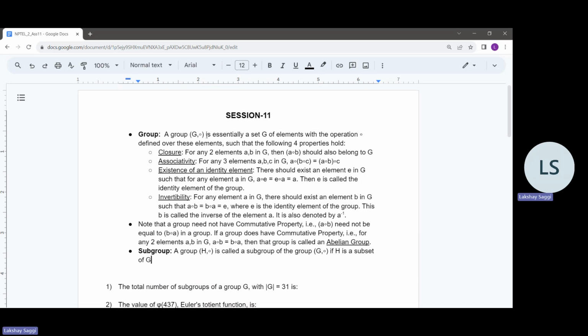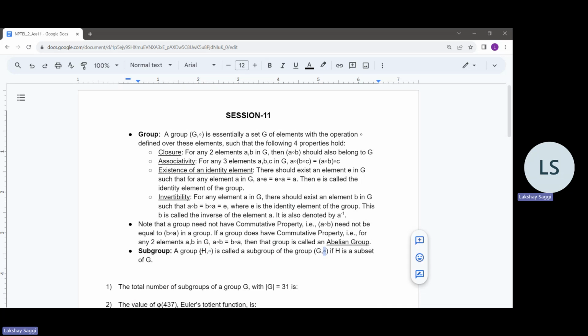subset of G. Note that in the definition of a group, G was a set of elements. Similarly, here H is also a set of elements. And what we are defining is that this operation ∘ remains constant in both of these groups.